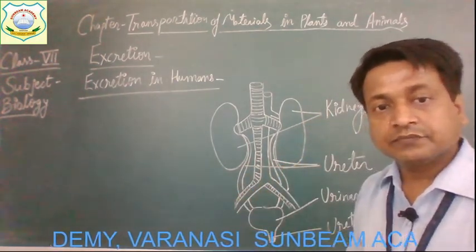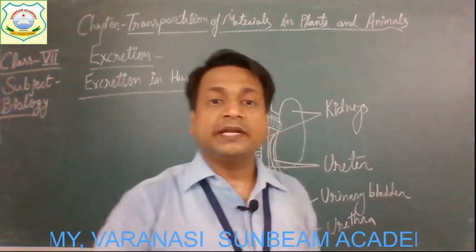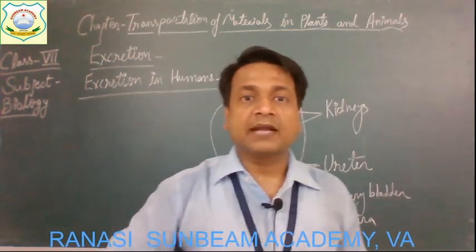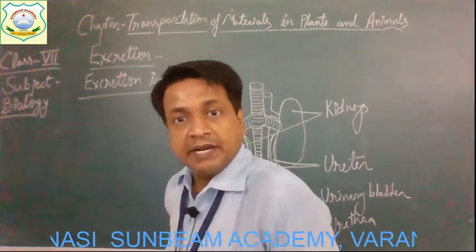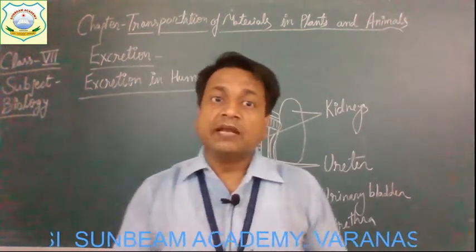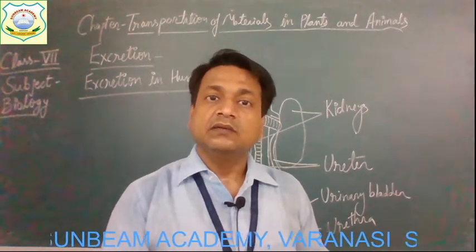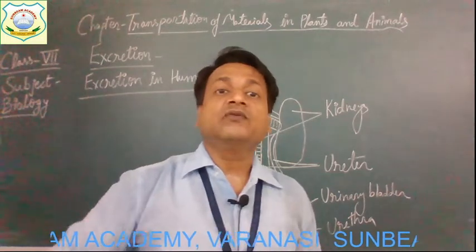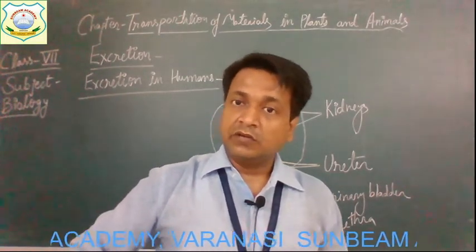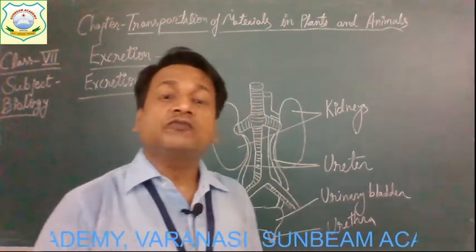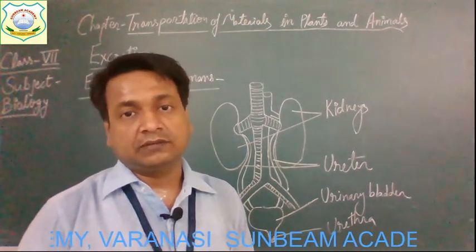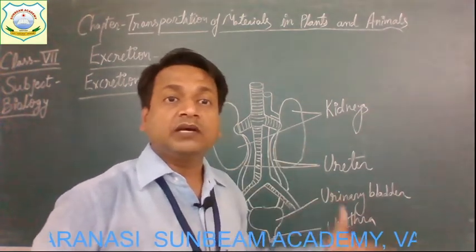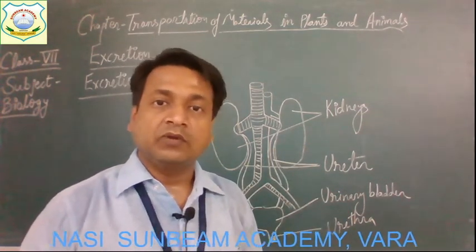Get it, children? Now, the kidneys are located on each side of the backbone. As you know, the backbone is present at our back in the middle. So on both sides of the backbone we have the kidneys, and they are present just above the waist. Their main function is to filter waste from the blood. So these two kidneys play the role of filtering the blood in our body.